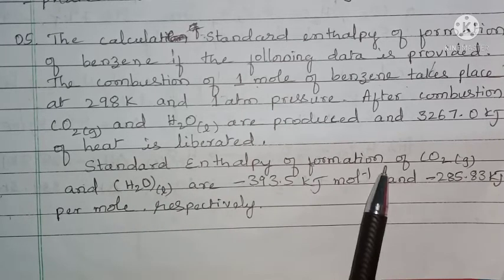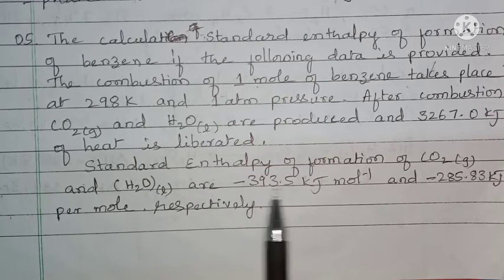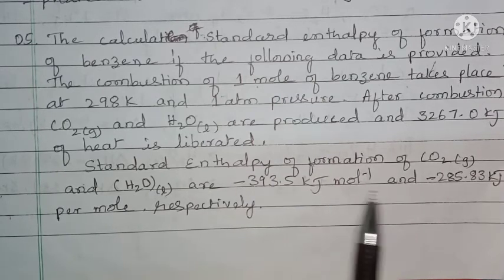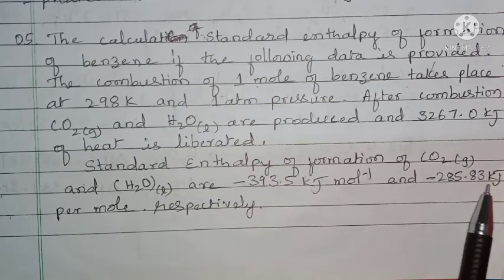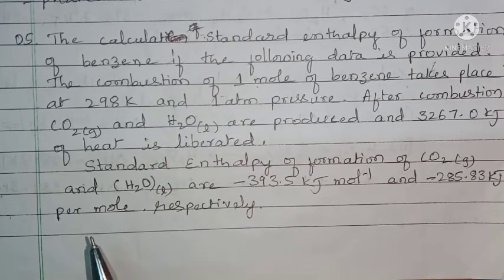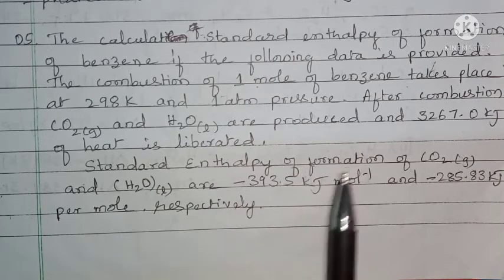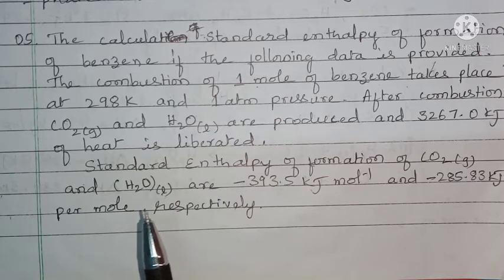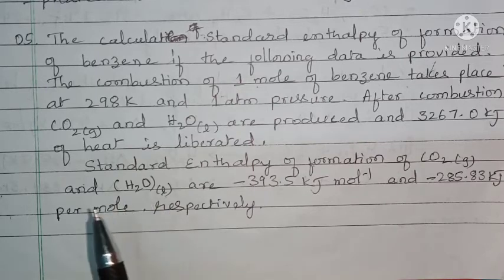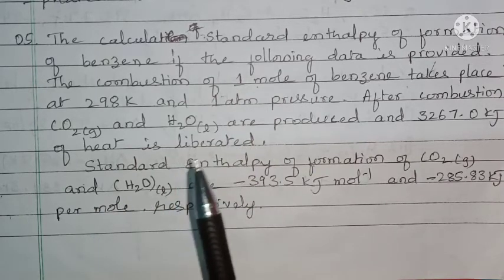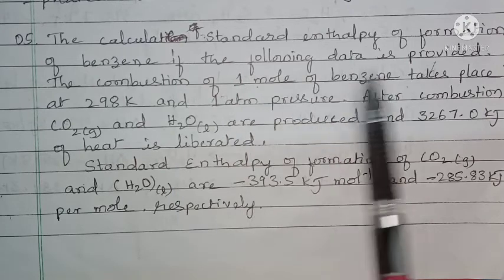Standard enthalpy of formation of carbon dioxide and water are minus 393.5 kilojoules and minus 285.83 kilojoules per mole. Means by using these data, we have to calculate formation of benzene by using the data given here.